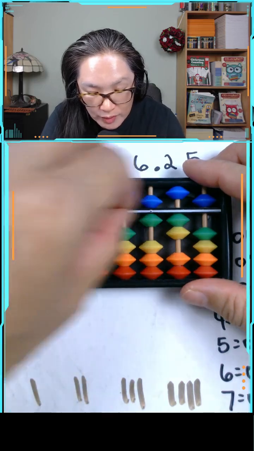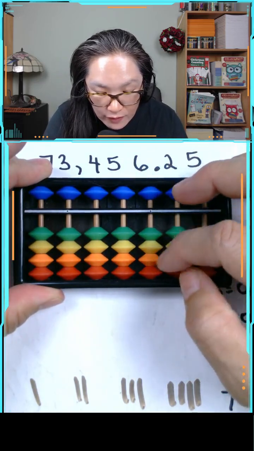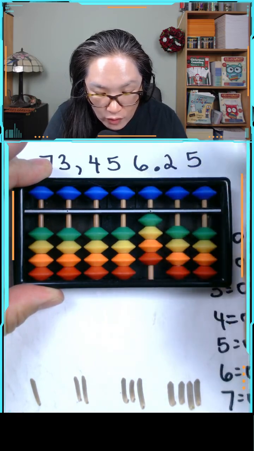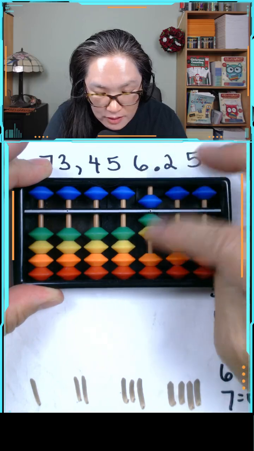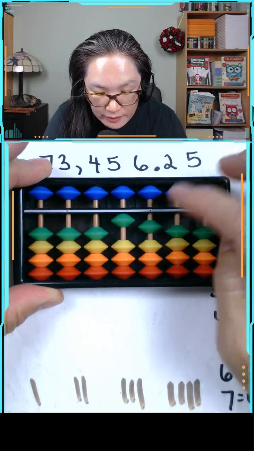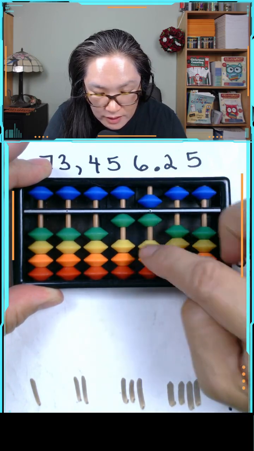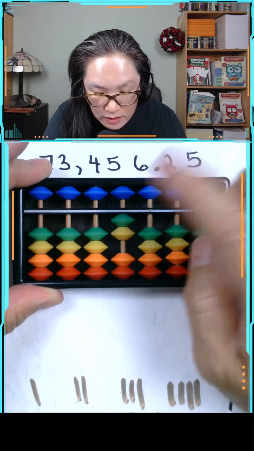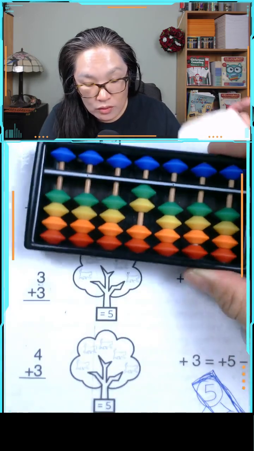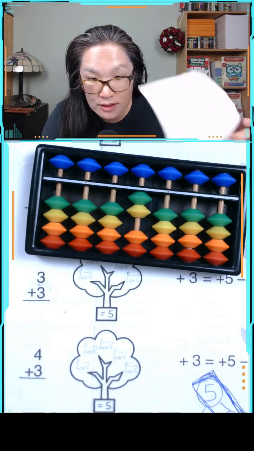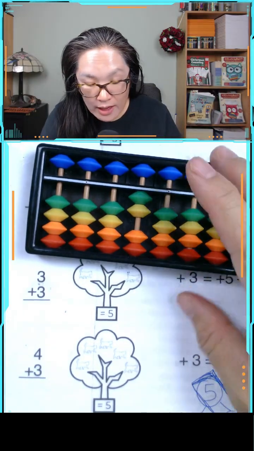So there's always going to be, so we have 9. We have 1, 2, 3, 4, 5, 6, 7, 8, 9, 10. So we have 10, 11, 12, 13, 14, 15, 16, 17, 18, 19, 20. Okay? So we're done with this. This is what we call how to make a 5.